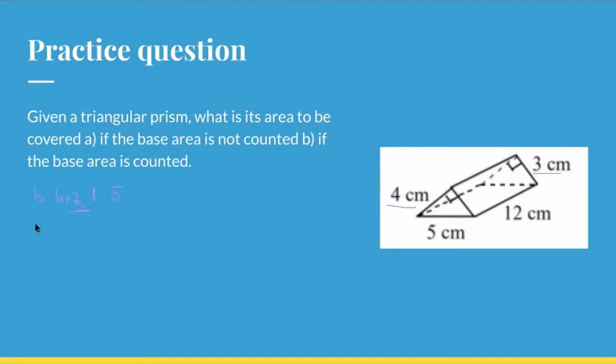Oh wait, never mind. It's actually correct, because this 4 is actually the height instead of the slant height. This one is actually the slant height. So basically, that means we have to divide it by half.